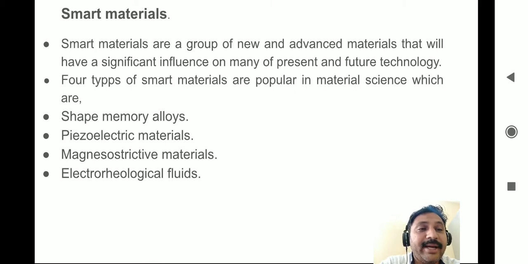Four types of smart material are popular in material science: shape memory alloys, piezoelectric materials, magnetostrictive materials, and electro-rheological fluids. These are the names of the smart materials. How they may be used, we can study.